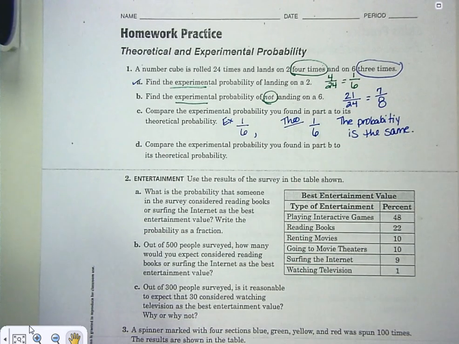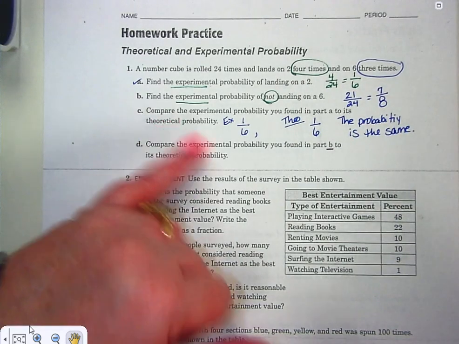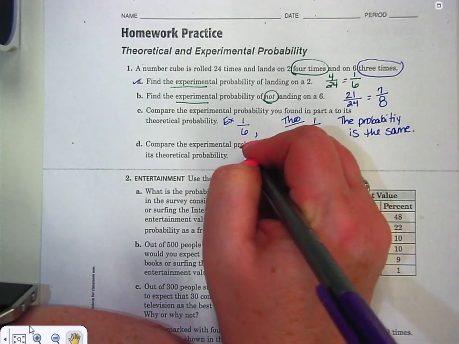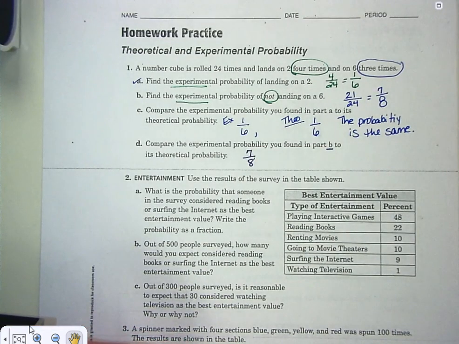All right. Compare the experimental probability that you found in Part B to its theoretical probability. So in Part B, we found 7/8. And what do you think the theoretical probability is of not landing on a 6?